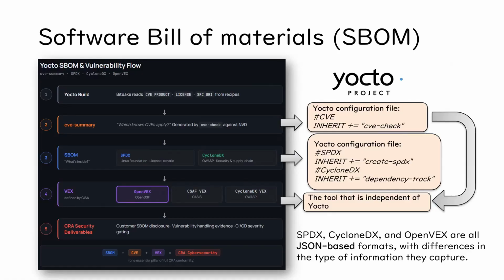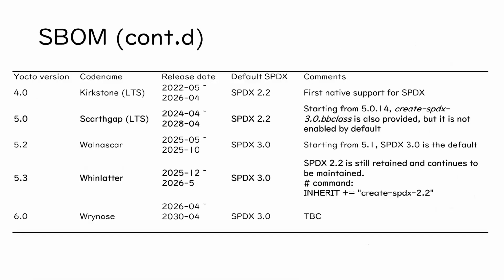And you can take this SBOM or CVE check result to different tools to scan for CVE vulnerabilities, and they are all JSON-based formats. And different Yocto revisions have different SPDX versions. And we are focused on Yocto 5.0 and 5.3 today.